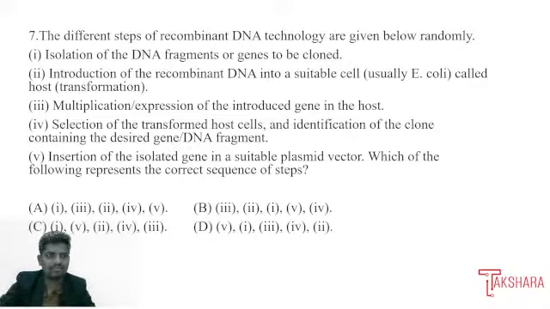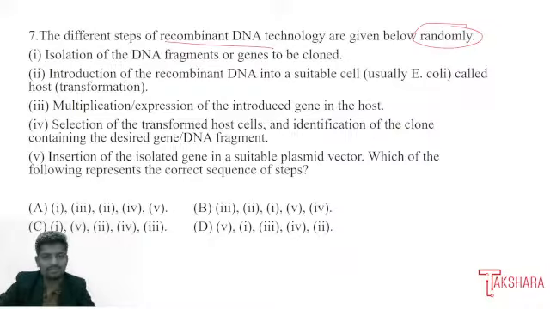The next question, number 7. The different steps of recombinant DNA technology are given below randomly. It is important that the rDNA technique steps are given randomly. We know the isolation of DNA fragments, the cutting of DNA with the use of restriction enzyme, and the separation of DNA fragments based on gel electrophoresis.